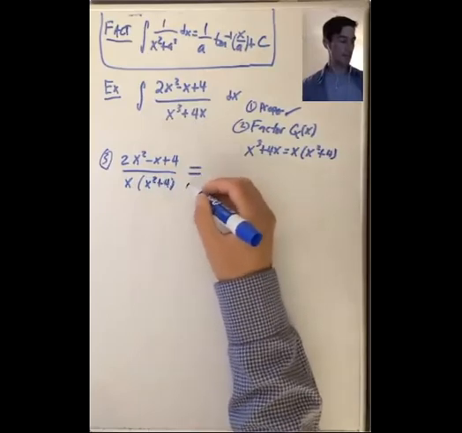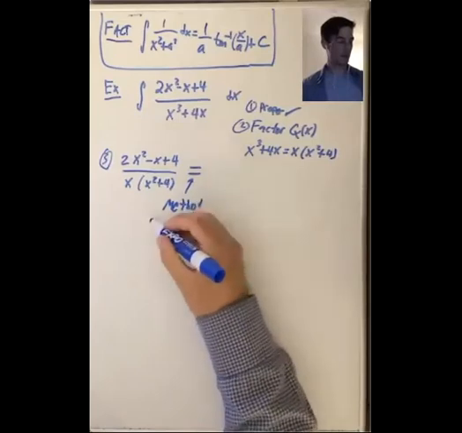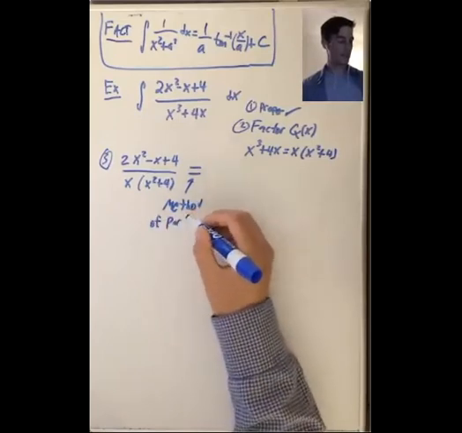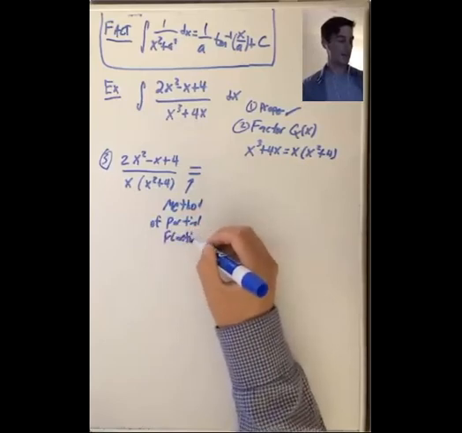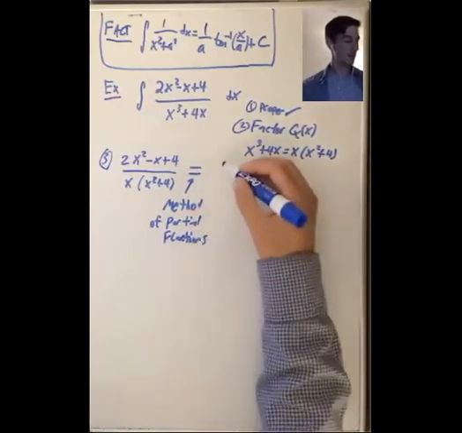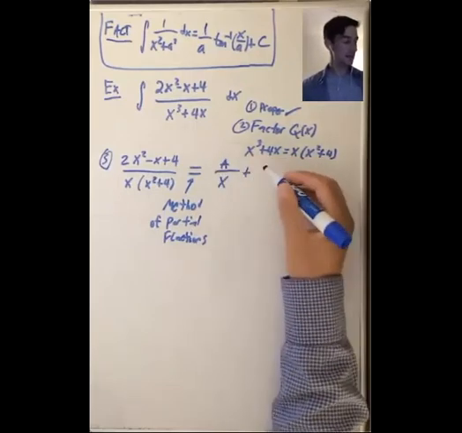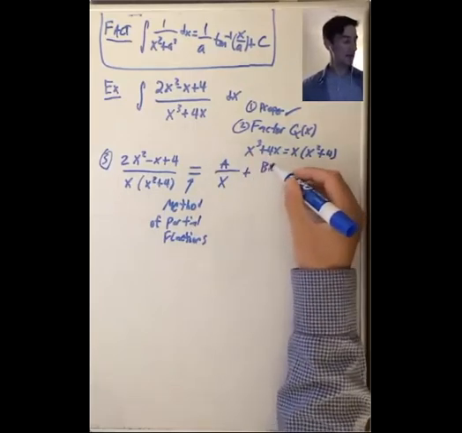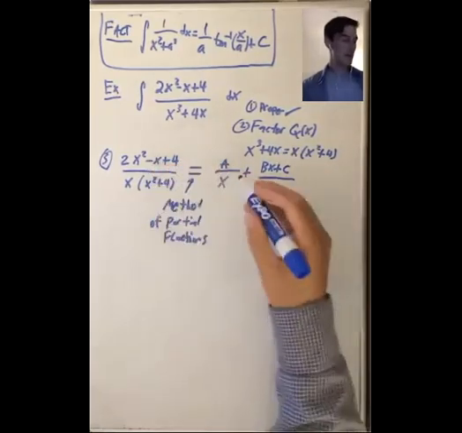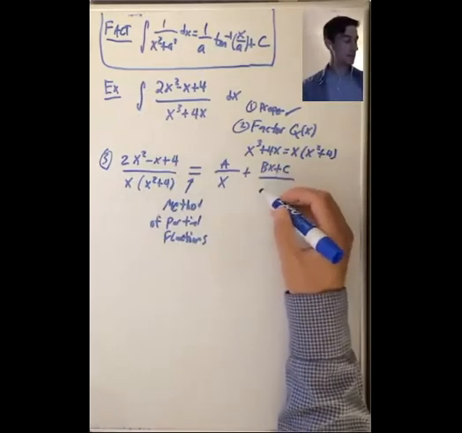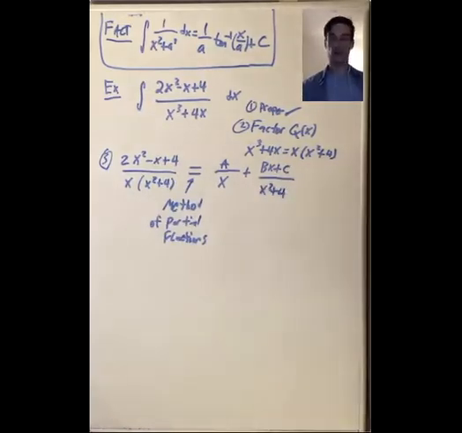This is equal, the method of partial fractions tells us that there exist unique numbers a, b, and c, so that you can write the function on the left as a over x plus bx plus c over x squared plus 4.